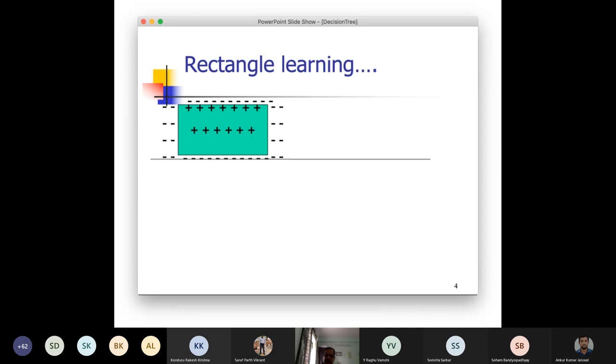Is there any rectangle? You can consider a classifier in this way that you have to identify a rectangle, so any point within that rectangle will be positive, and the point outside will be negative. These are the training examples, of course. To make it consistent, you have to find whether there is any rectangle which is consistent with this kind of label. So this is the kind of learning.